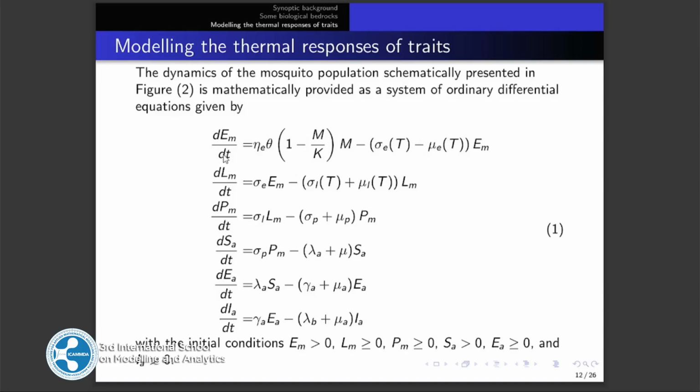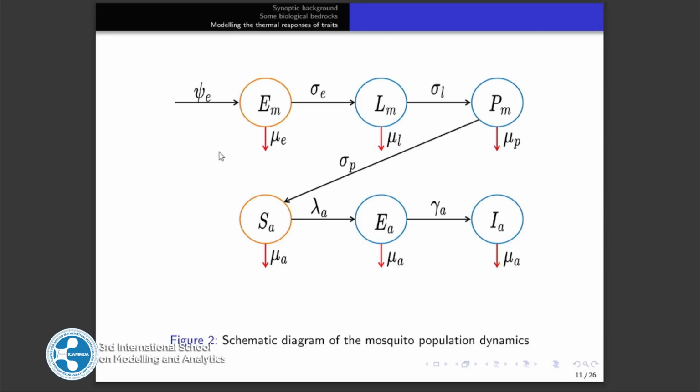So the table below provides the traits and their temperature dependent functions for the previous equation, which is this. In this particular situation, we are looking at the stages: the egg stage, the larva stage, the pupa stage, and then the adult stage also. Each of these rates, as I've told us, is temperature dependent.